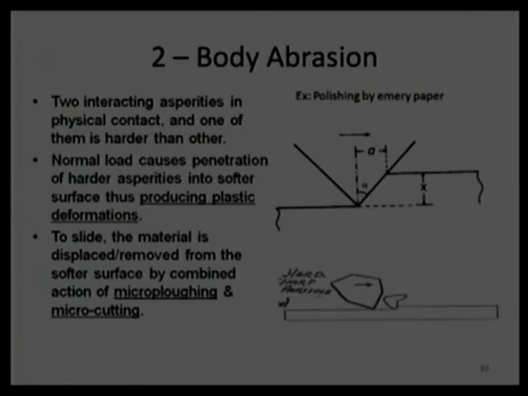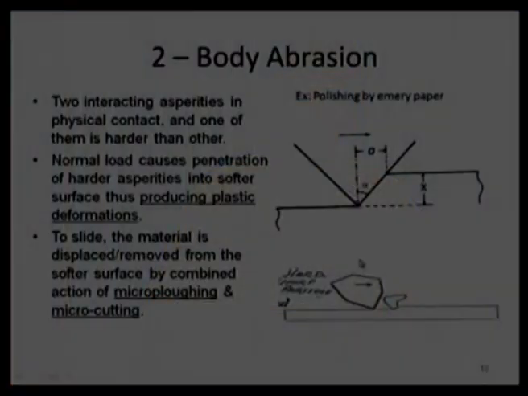Under load, these asperities will penetrate the softer material to balance the load, to bring in the equilibrium, and if we provide sliding to the surface, then there is a possibility of dragging this asperity against the soft material.